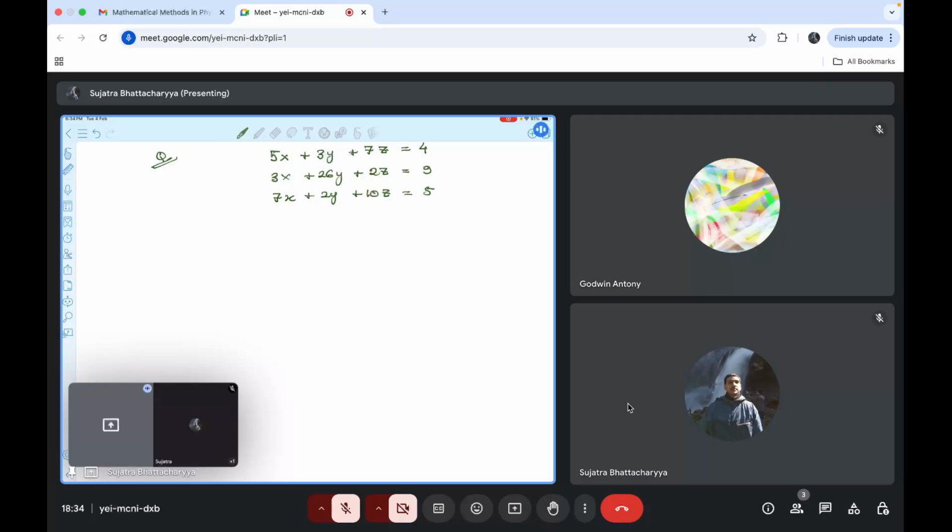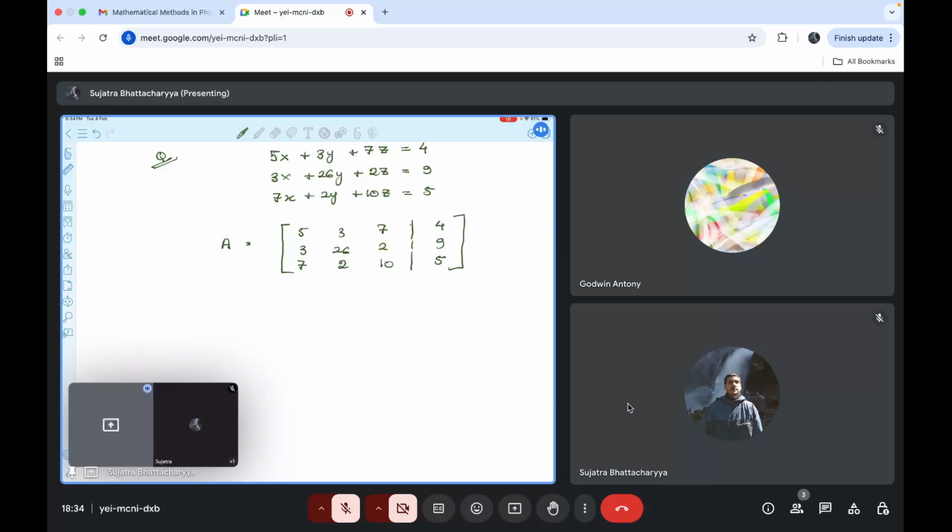Alright, so this is the thing. Now, directly you write down the augmented matrix. You don't need to write the actual matrix. So 5, 3, 7, 3, 26, 2, 7, 2, 10. So the augmented matrix itself consists of the matrix M, and with that, we are writing 4, 9, and 5.